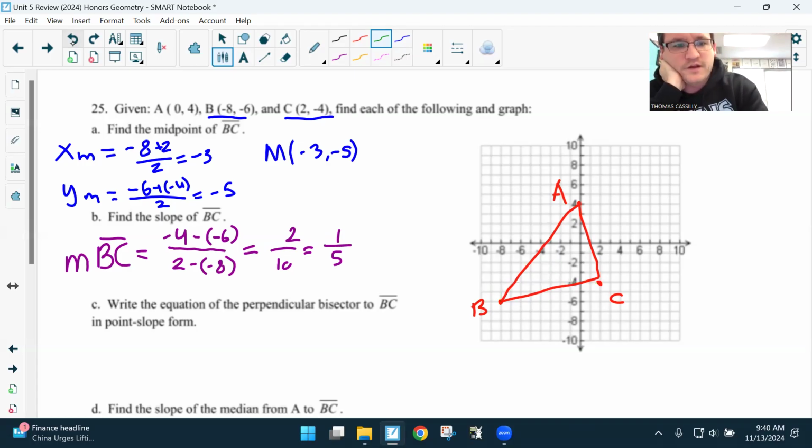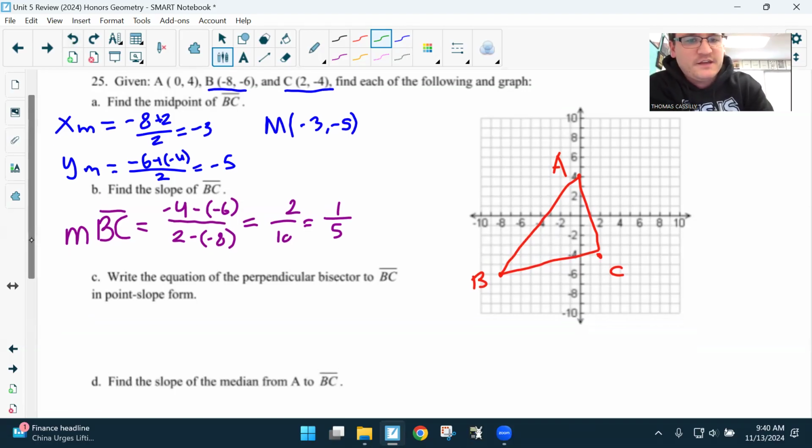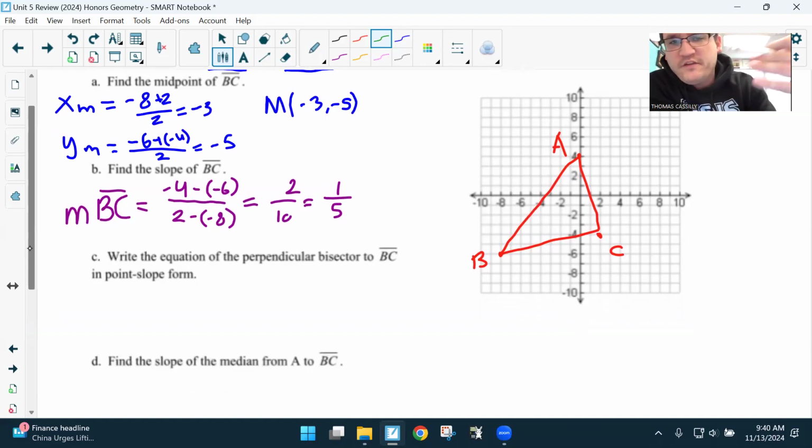All right. Letter C. Find the equation of the perpendicular bisector to BC. These problems kind of walk us through it. Perpendicular bisector. What we need is a perpendicular slope. So I'm going to write down the perpendicular. Remember, that's our symbol for perpendicular. The perpendicular slope is the opposite reciprocal.